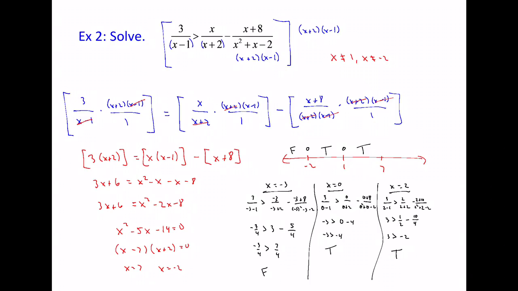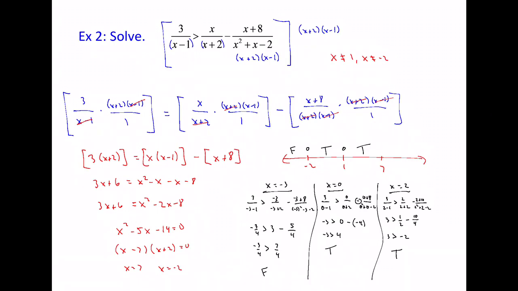I did find a mistake on my x equals 0. So just to go back and look, I had minus, and it should have been minus a negative 4 here. So let me fix that. So it was actually 0 minus, and then 8 divided by negative 2 is negative 4, which would have made this a plus 4.